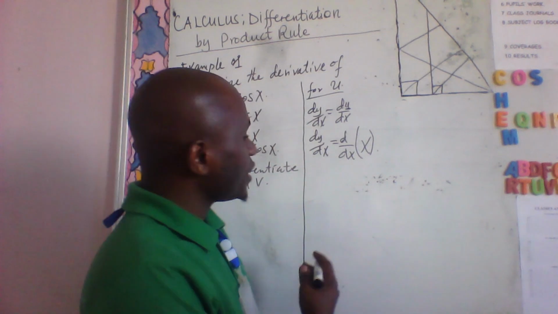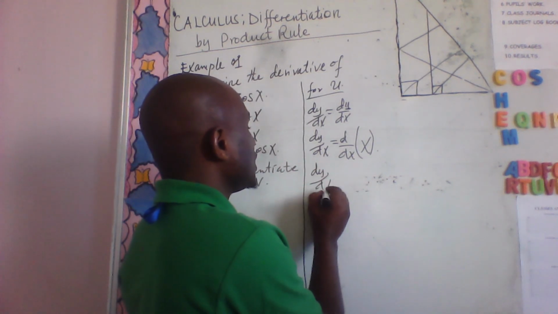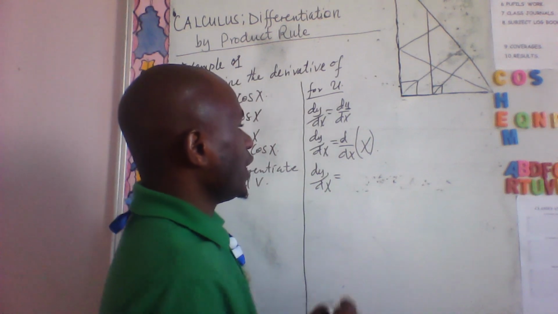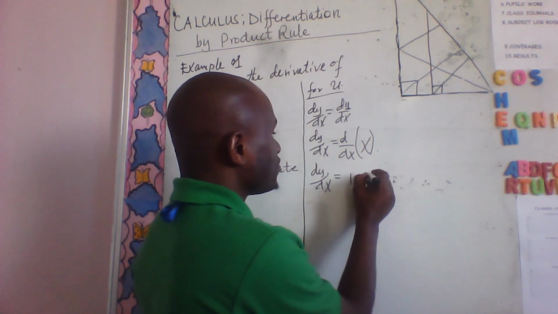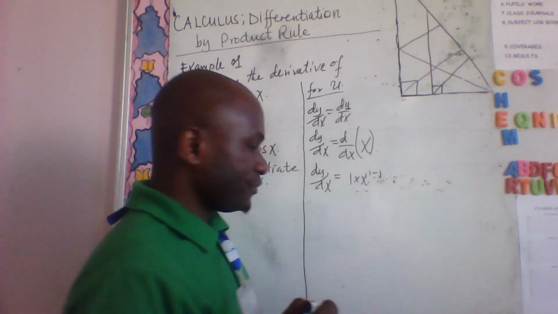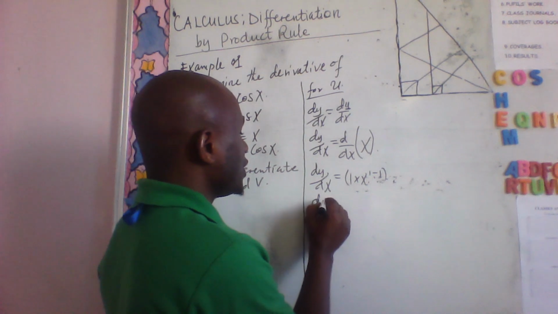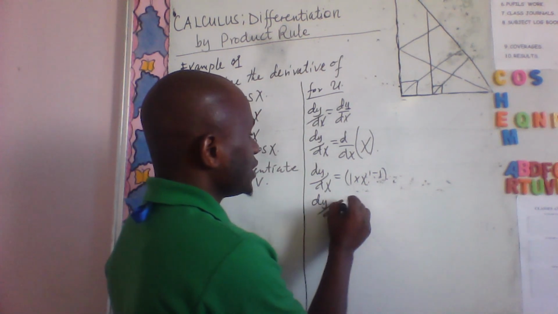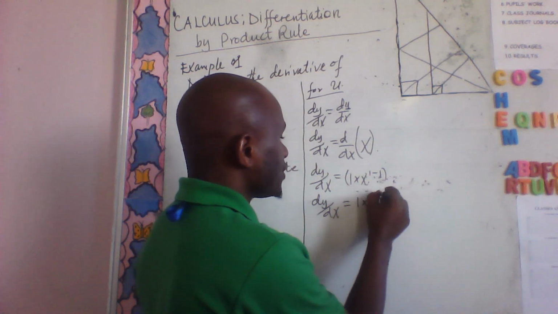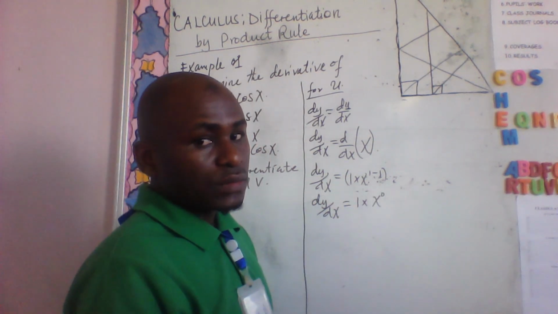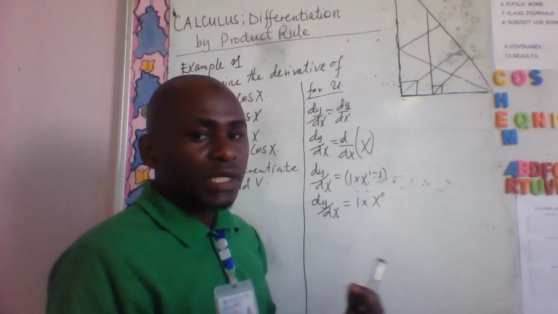Then we proceed. So du over dx is equal to 1 times x power 1 minus 1, so 1 times x power 0. 1 minus 1 is equal to 0, but remember that any number to the power 0 is equal to 1.